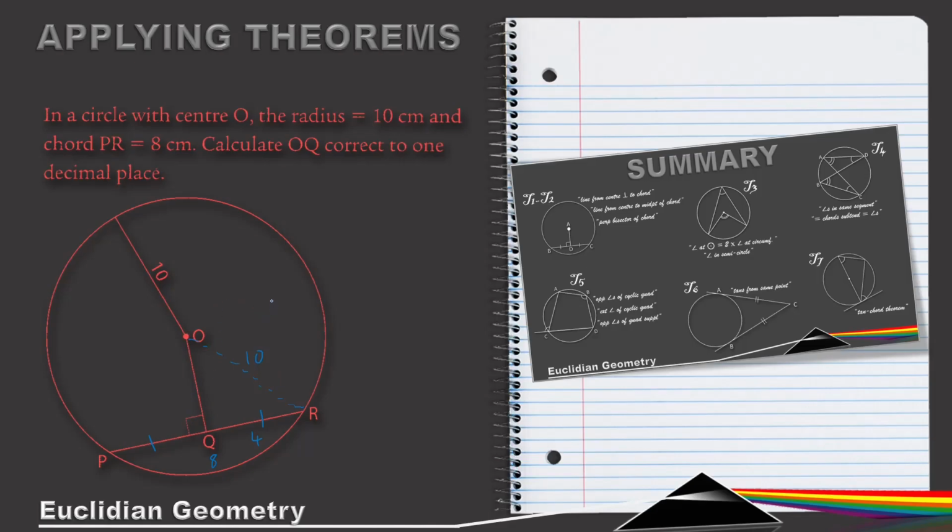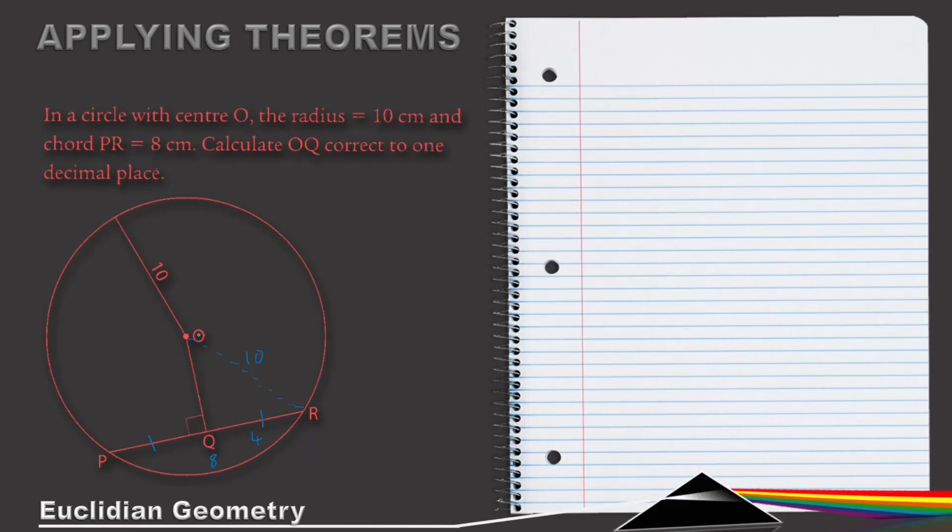Okay, so we are going to start with OR. We can just state that OR is 10 because of the radii. And then we can say, PR is 8. That was basically given.